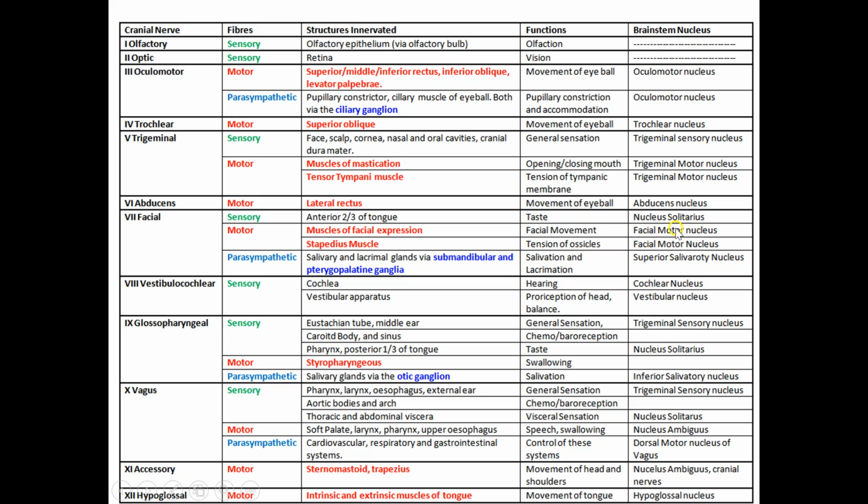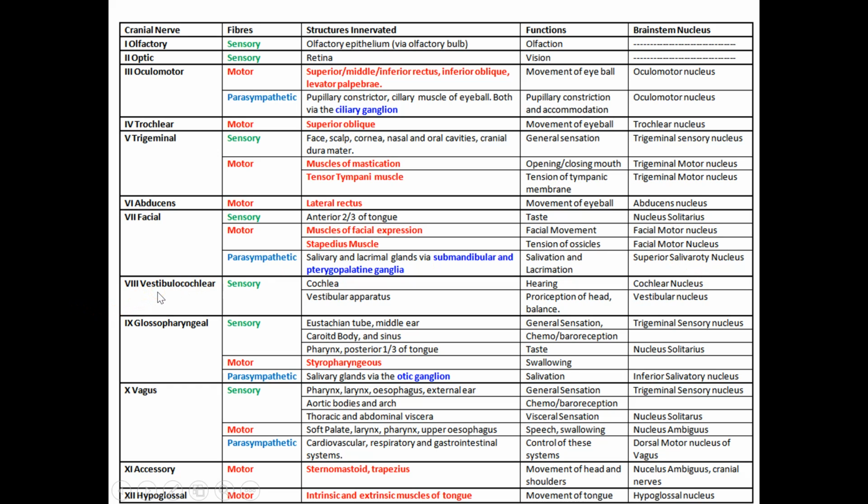Their nuclei lie in the motor nucleus of the facial nerve in the brainstem. Parasympathetic fibers in the facial nerve innervate salivary and lacrimal glands via submandibular and pterygopalatine ganglia, and the function is salivation and lacrimation. The nucleus is the superior salivatory nucleus in the brainstem.